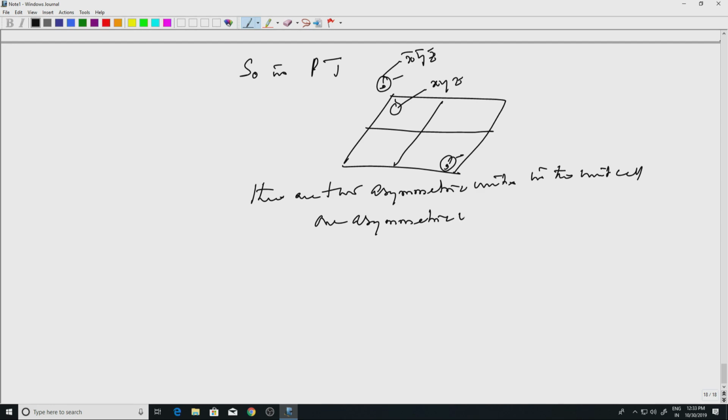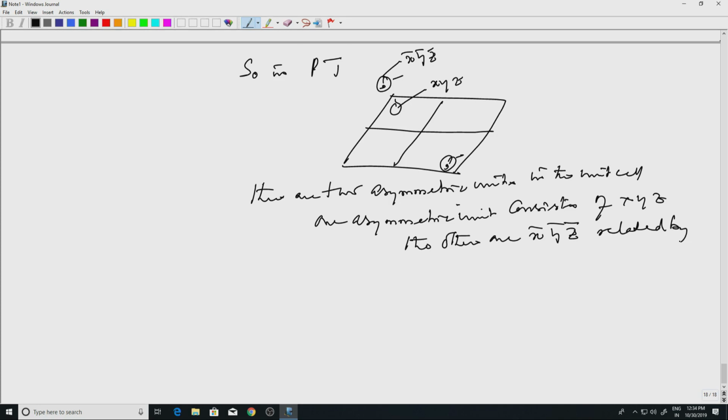One asymmetric unit consists of x, y, z. The other one x bar, y bar, z bar, related by any one of the 8 unique inversion centers.